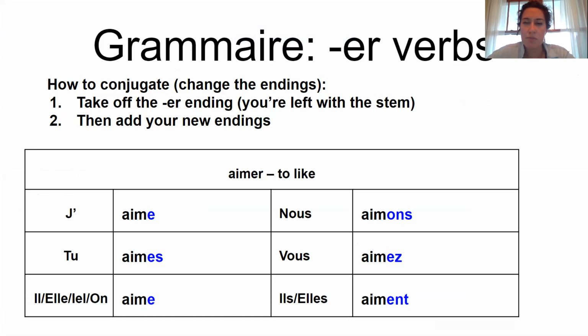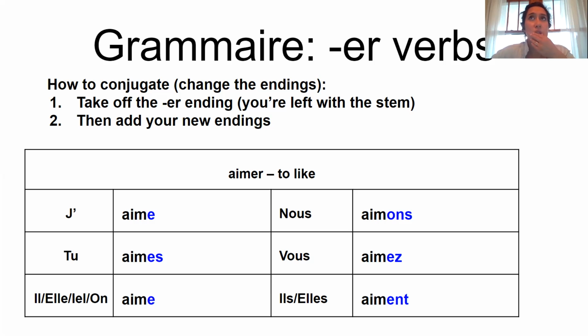Okay, before I move on from the slide, it's really useful to make the connection between the spelling and the sound. And you can even write this to the side in a different color if you want to remember the sound of how it's pronounced. Because in French, a lot of these endings don't get pronounced, and sometimes they do.